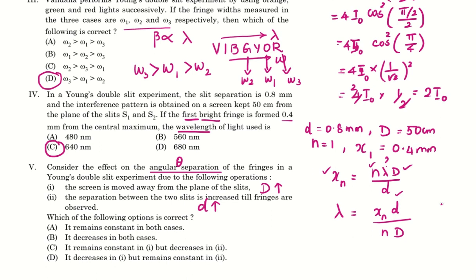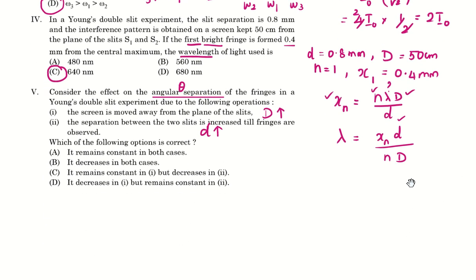Let's first write the angular separation formula. Theta equals xn divided by D. Xn, if it is a bright fringe, we can write as n lambda D divided by d, divided by D. So D and D will go away. We can write this as n lambda divided by d.